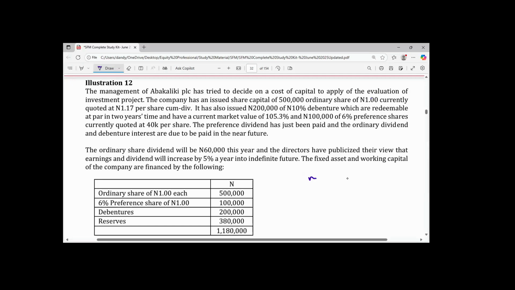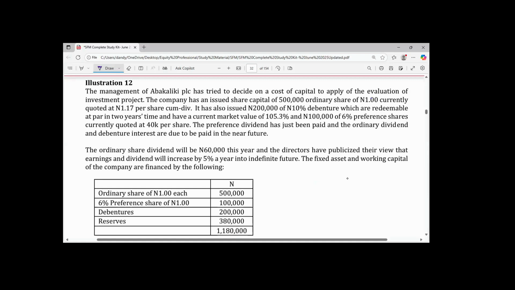Not only that, I also demonstrated the procedures that you need to carry out anytime you want to calculate project-specific cost of capital, which include step 1, you are expected to identify the proxy beta. And I said that to identify the proxy beta, just go to the section of the question where you have information on the proxy company. From there, you are going to see, the examiner will surely give it to you, the proxy beta.